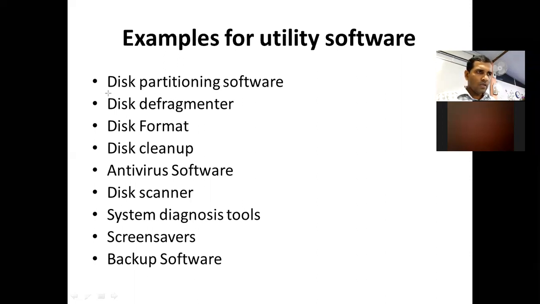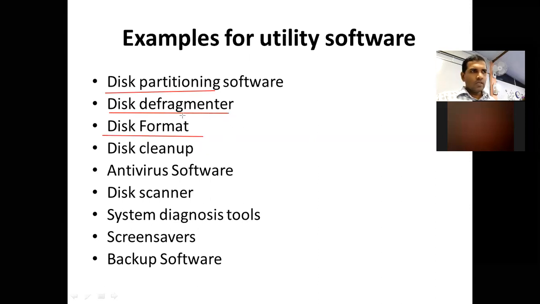The first one, disk partitioning software or disk partition, I will explain. Second, disk defragmenter. Third, disk format. These 3 are important for examinations. That's why I put these 3 on the top. The others may not be important, but if you can remember their function, it would be good for your exams. But the first 3 are very important for exams.